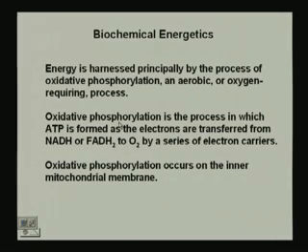ATP is the energy currency of the body, and it is extremely important to understand this oxidative phosphorylation, which is an aerobic, oxygen-requiring process that occurs by a series of electron carriers that ultimately transfer the electrons, resulting in the reduction of O2 to water.